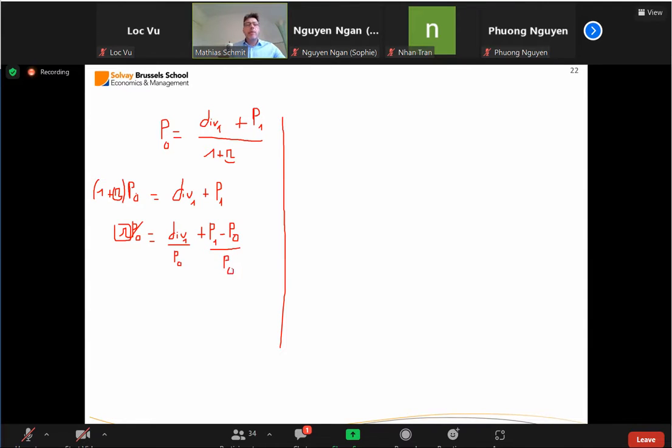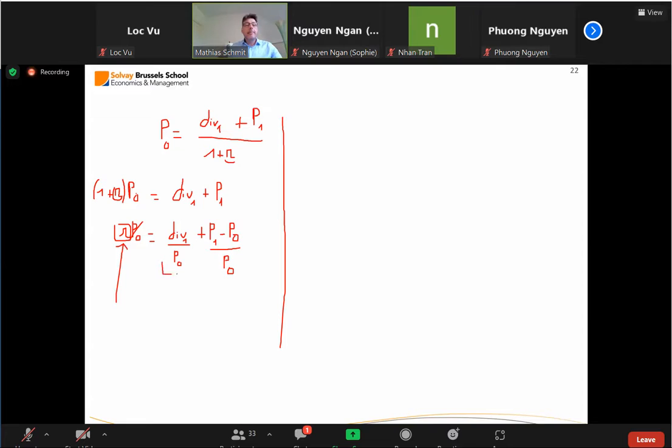And here is what I would like to insist on to understand this formula. What's the meaning of this? The meaning is the expected rate of return on an asset, here on a share. It has two components.